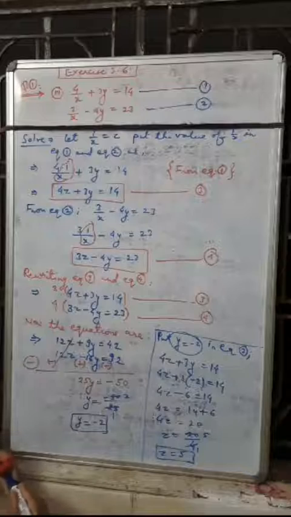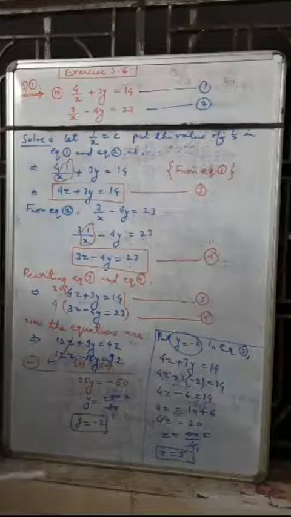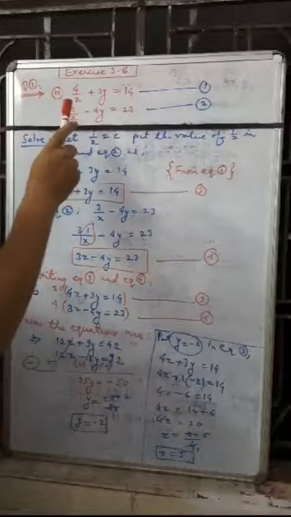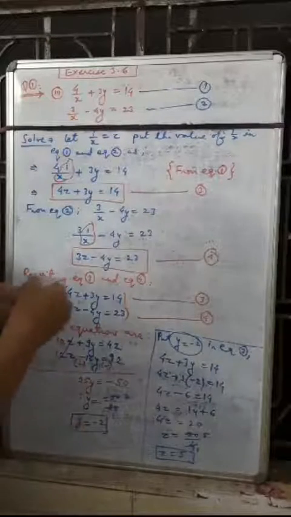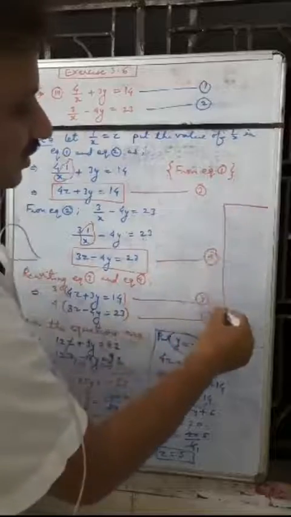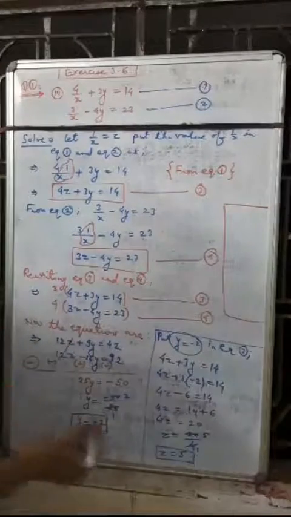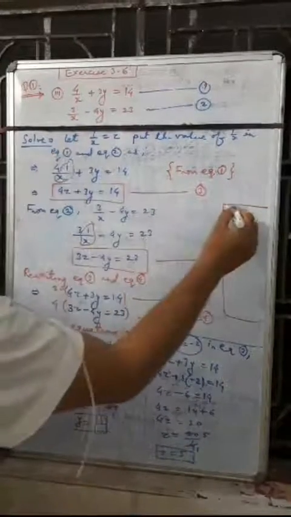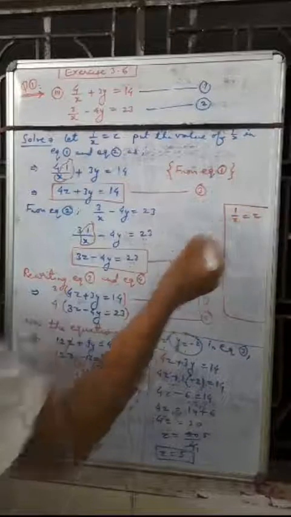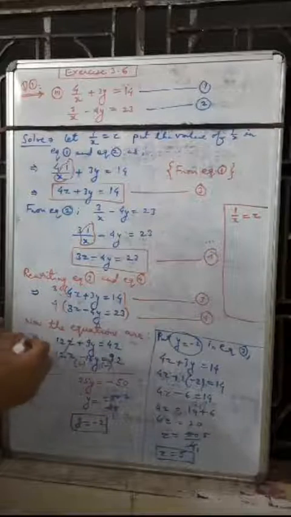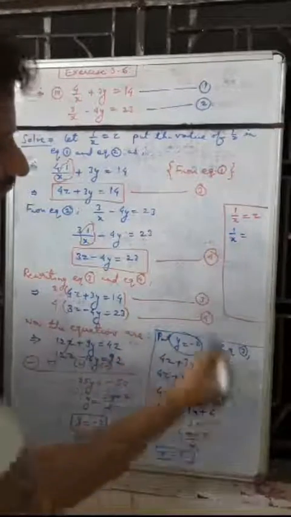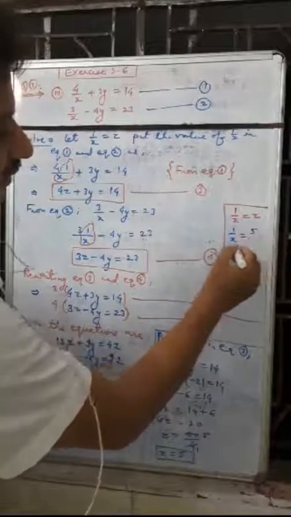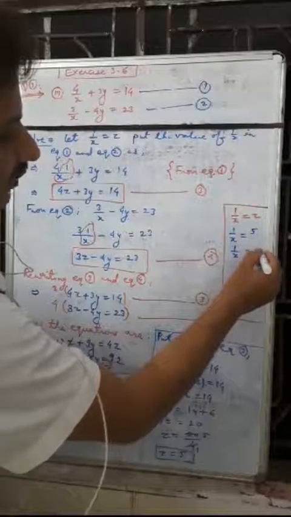But this is not our answer, because we have to find the value of y as well as the value of x. How do we find the value of x here? At the beginning of the problem we assumed 1 by x is equal to z. So 1 by x is equal to z, and putting the value, 1 by x is equal to 5, or 5 by 1.